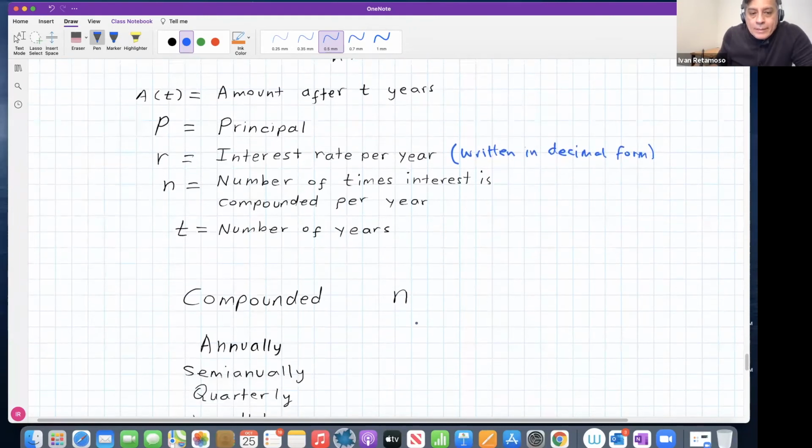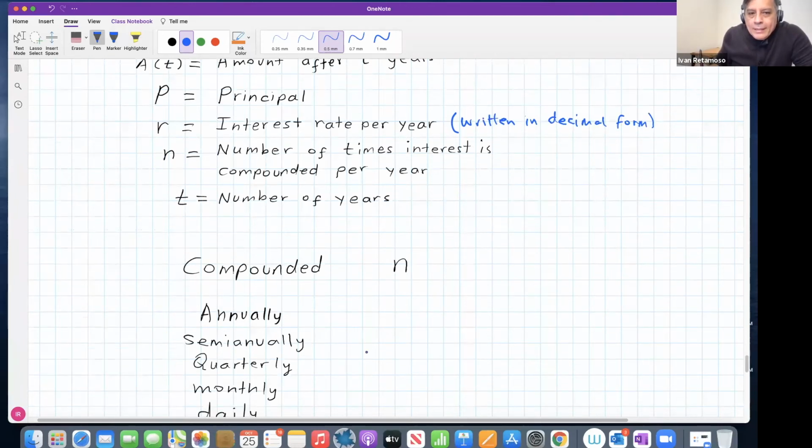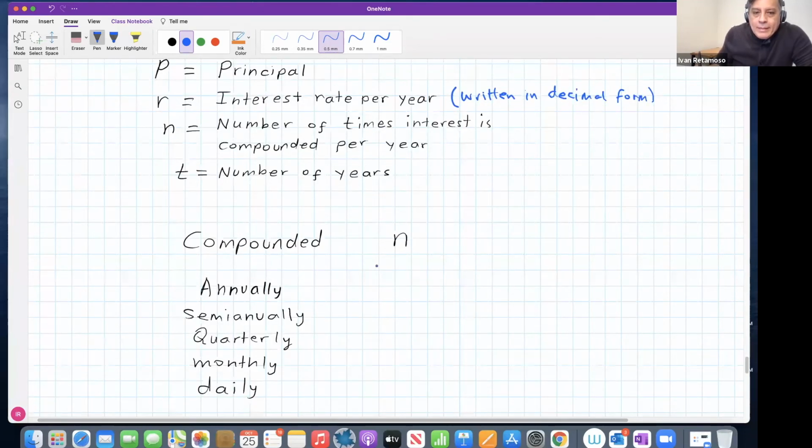But before we go over the example, let me show you how you have to get the value of this n. If they say that the interest is compounded annually, then n should be considered to be equal to 1, right? Because it's once a year. If they say that the interest is compounded semi-annually, it means that you do it twice a year, so n is 2.